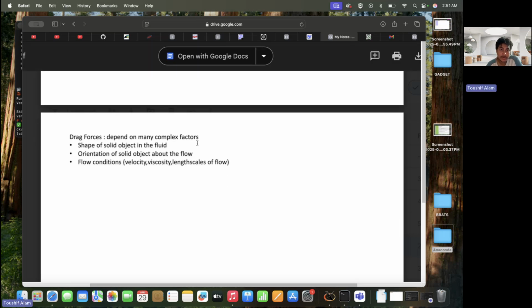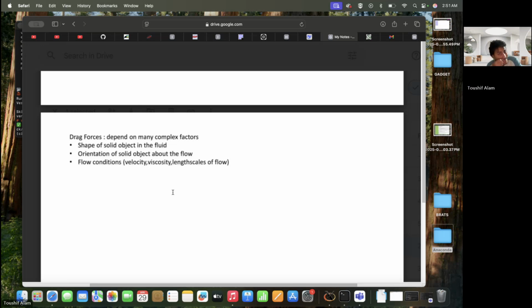Drag forces depend on many complex factors: the shape of the solid object in the fluid, the orientation of the solid object about the flow, and flow conditions such as velocity, viscosity, and length scales of flow.